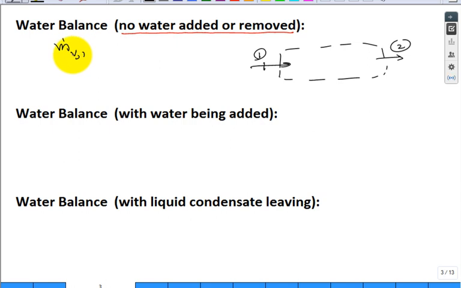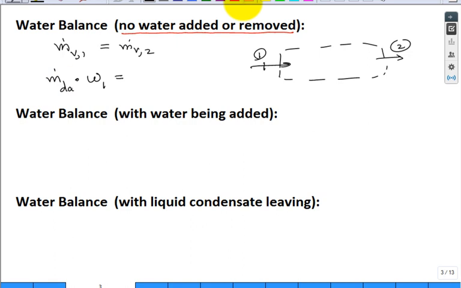It's only vapor coming in at 1. Hence, if there's only one removal, the mass flow rate of vapor going out at 2. Well, what is the relationship between the mass flow rate of vapor flowing in at 1 and the mass flow rate of dry air? Couldn't I multiply omega 1 times the mass flow rate of dry air, and doesn't that give me the mass flow rate of vapor coming in?